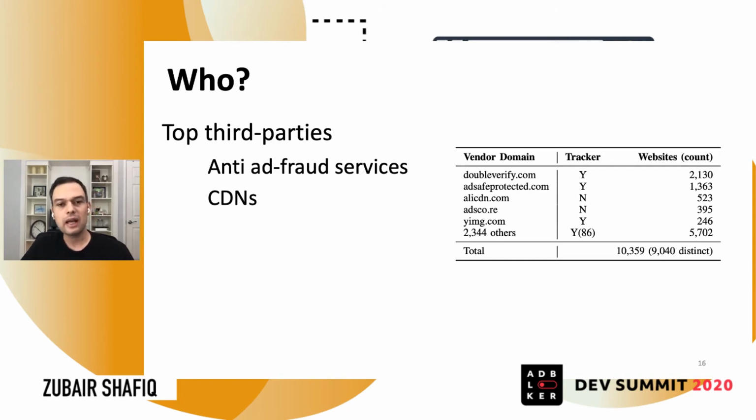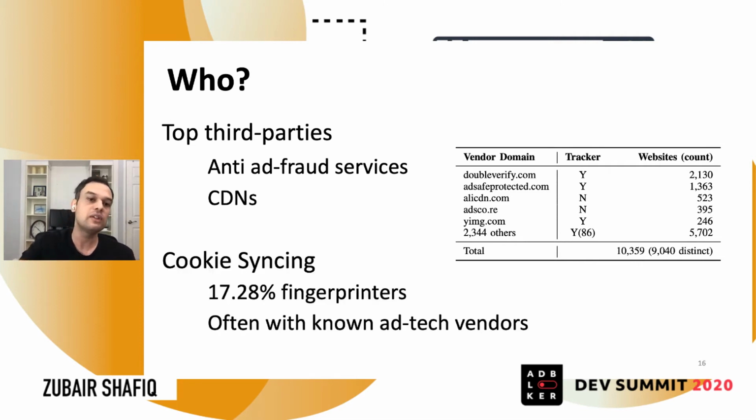We tried to do some analysis to figure out what is the intent behind fingerprinting. Are they trying to do fingerprinting in lieu of cookies? Or are there some other reasons why they are doing this? It's quite hard to assess this intent. But when we were analyzing these fingerprinting scripts, we found that about 1/5 of them were engaging in cookie syncing.